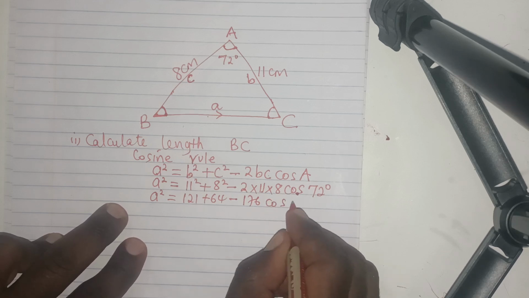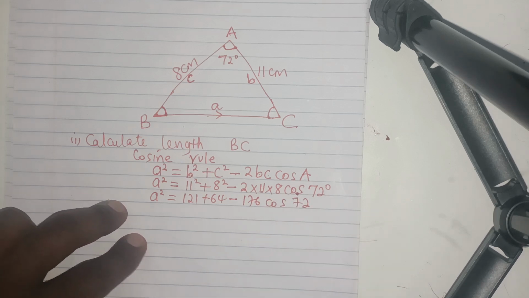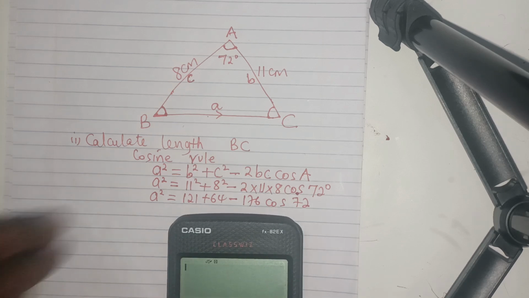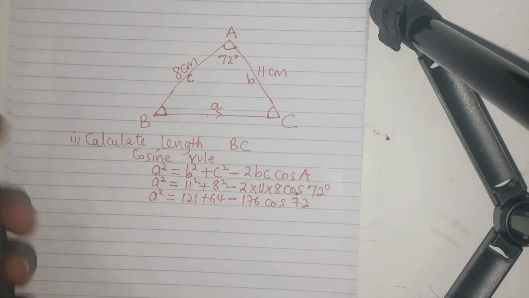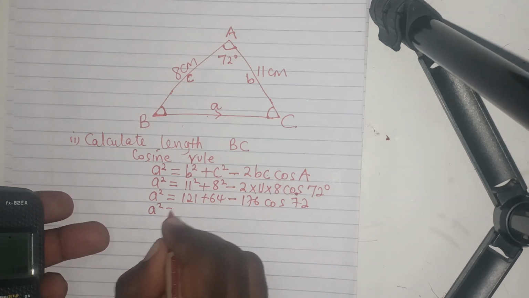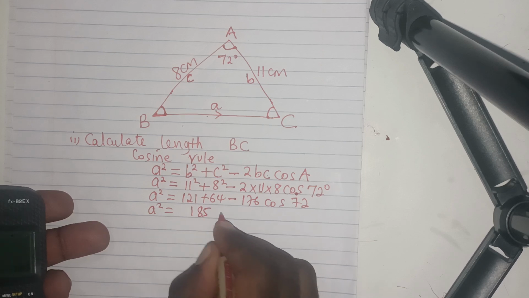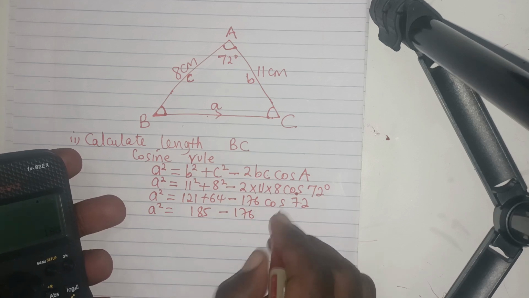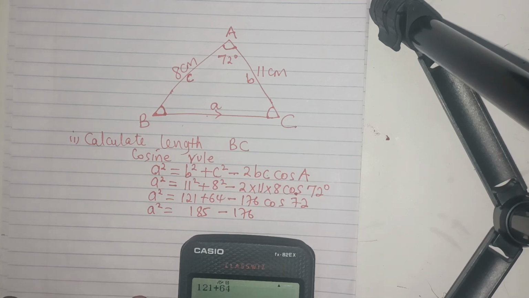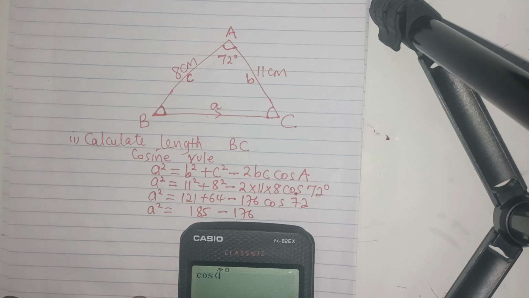Then cos 72. I'll pick my calculator and plug in those values. So 121 plus 64 gives me 185. So a squared is equal to 185 less 176 times cos 72. So let me get cos 72. Cos 72 gives me 0.309016.